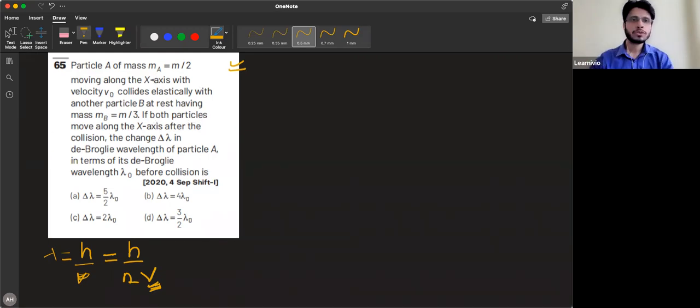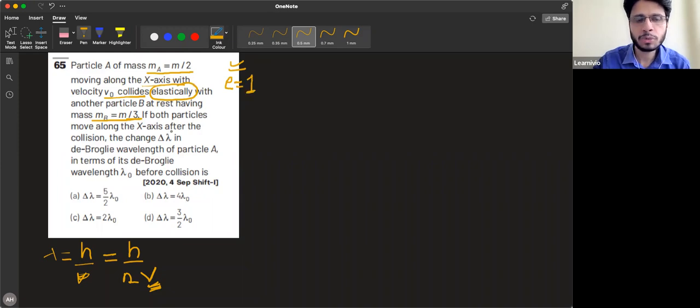So you have a particle A of mass m by 2, moving along the x-axis with velocity v0, which collides elastically with another particle at rest having mass m by 3. The collision is elastic, which means kinetic energy is conserved, or you can also say the coefficient of restitution is 1.